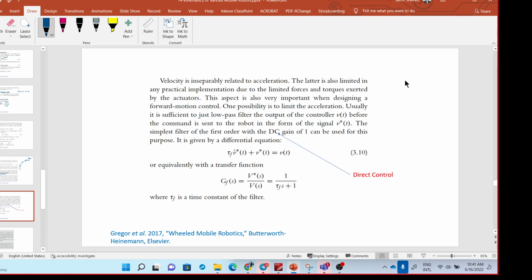One more thing that we can consider is smoothing the linear velocity. For example, at the starting point, perhaps we don't want it to rise to the maximum velocity immediately; we want it to go smoothly. Let me illustrate here.